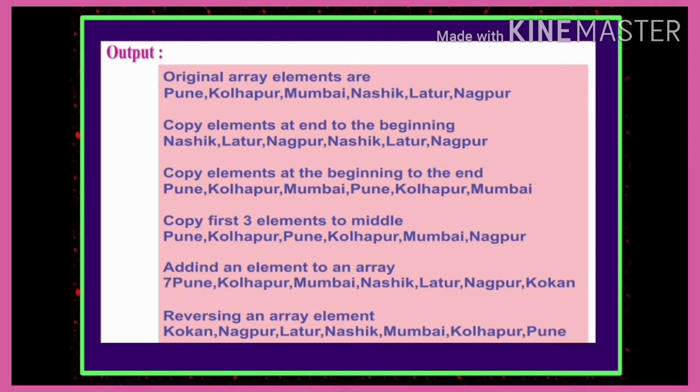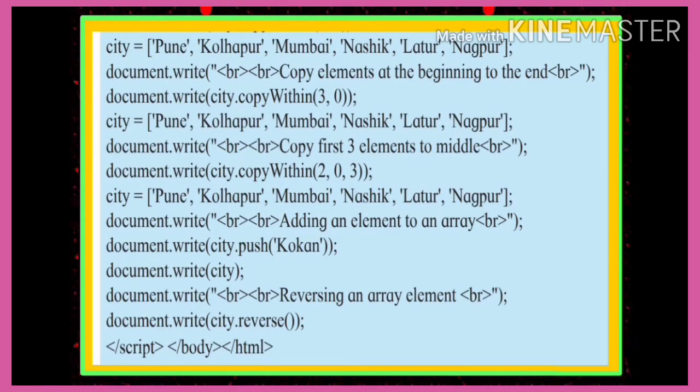So here it replaces the 3 elements from 0 position with the third position's elements Nashik, Latur and Nagpur. In the next line write document.write copy elements at the beginning to the end.